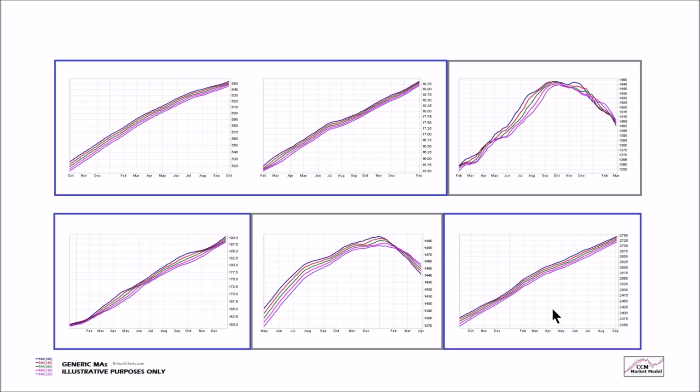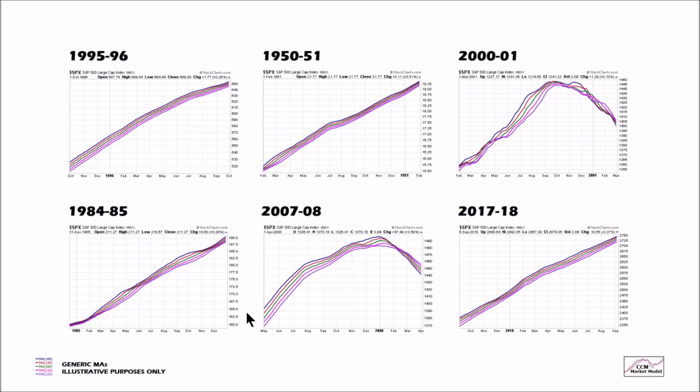What can we learn if we add the dates back to the charts? This strong trend here, 1995, 1996, this strong trend, 1950 to 1951, strong trend here, 1984, 1985, and the one that looks similar to those charts is the present day, 2017, 2018.